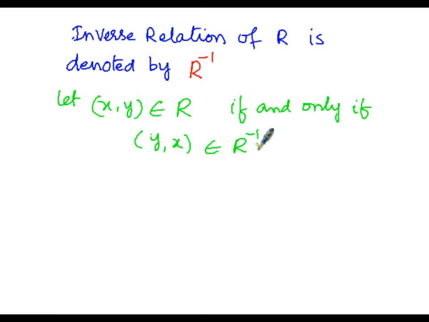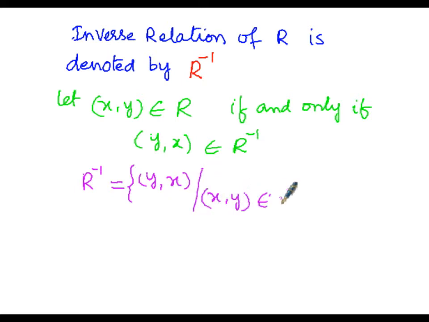So here we can state the condition that R inverse is given by the set consisting of all y comma x ordered pairs such that every x comma y belongs to the relation R. This gives us the inverse relation.